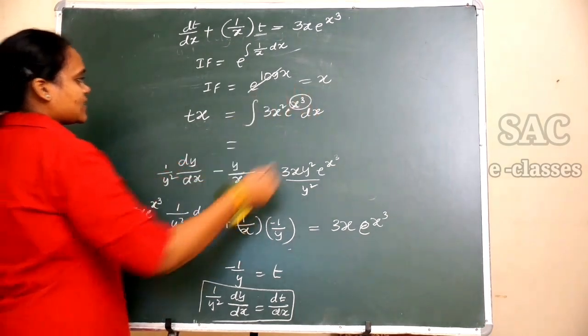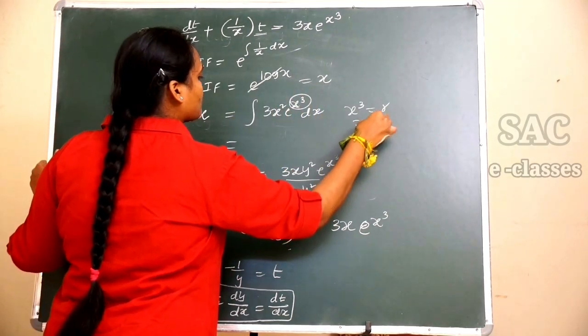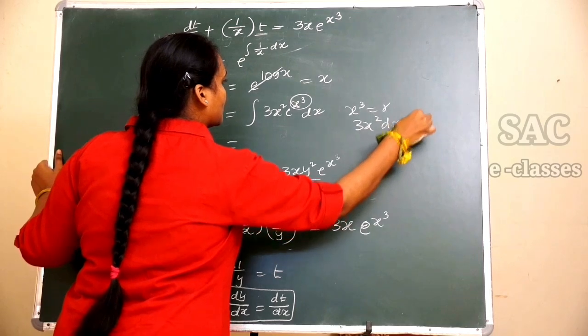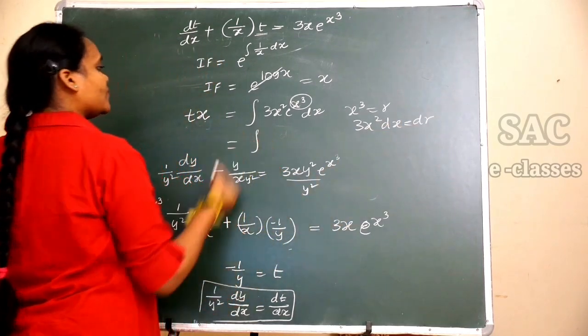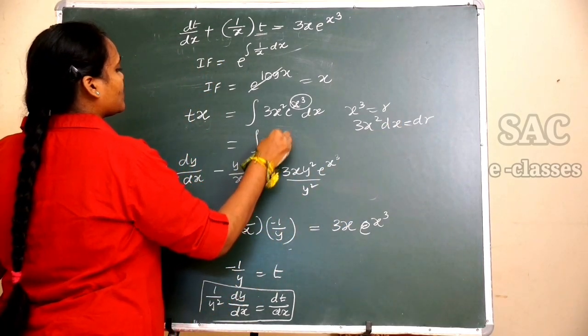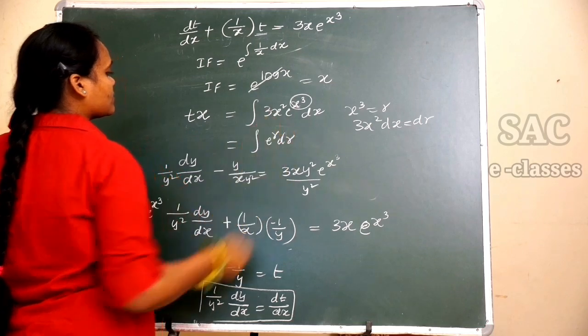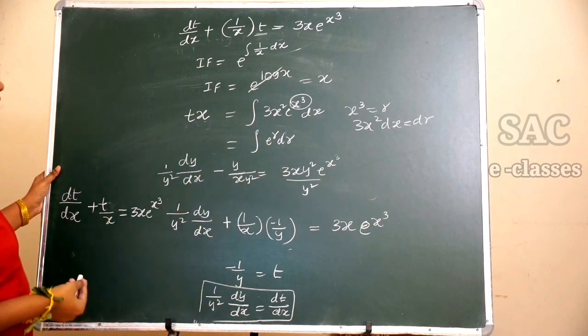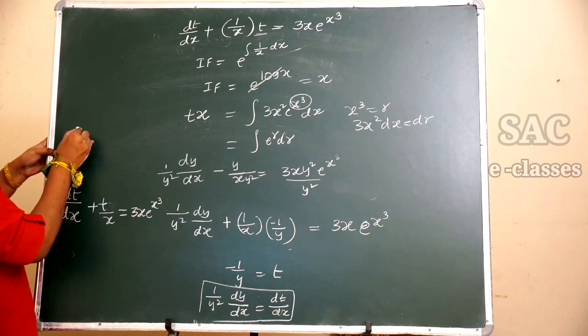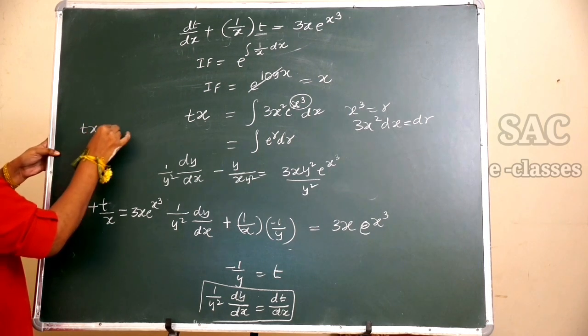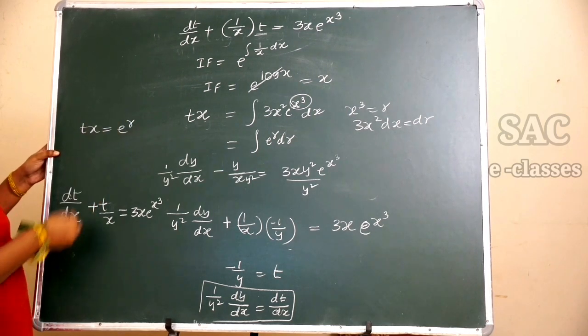Let us take x cube as some r. 3x square dx is equal to dr. That will give you e power r dr. What is the integration of e power r? You know very well, tx is equal to e power r only.